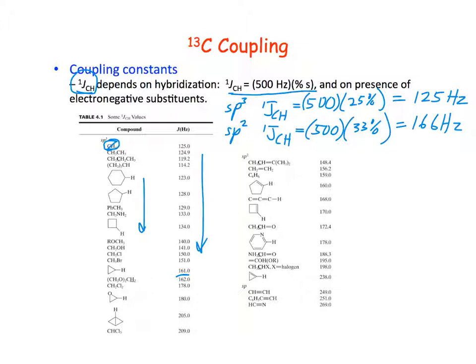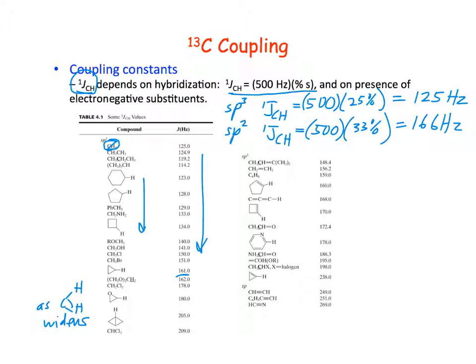So as this angle widens, we're essentially adding more S character. Or the other way, the carbon-carbon-carbon bond angle gets narrower from 109.5, which is the perfect sp3, down to whatever for cyclopentane, 118 to 90 for cyclobutane.